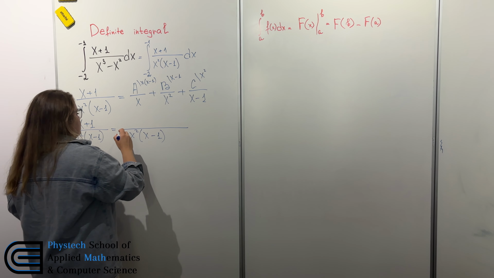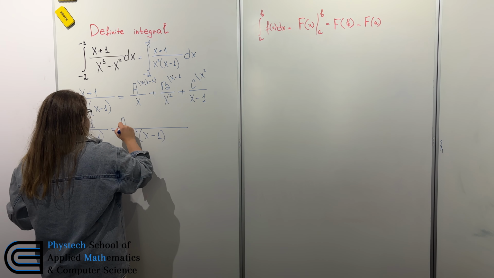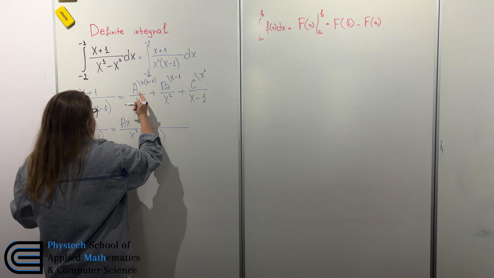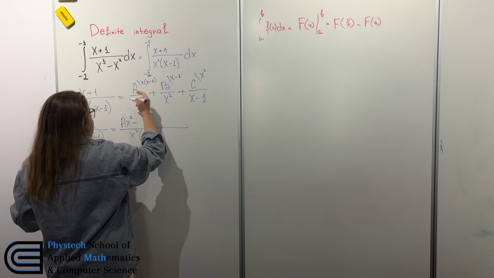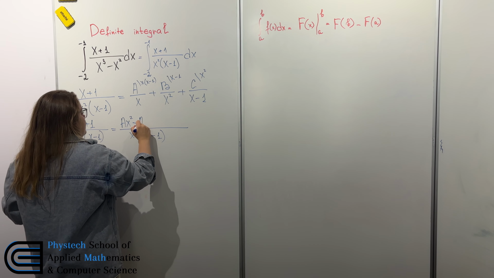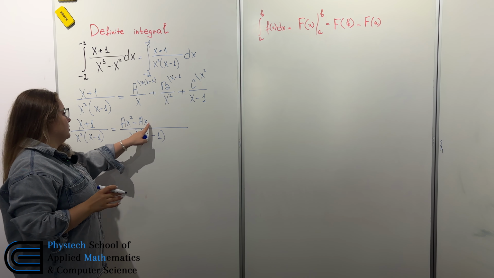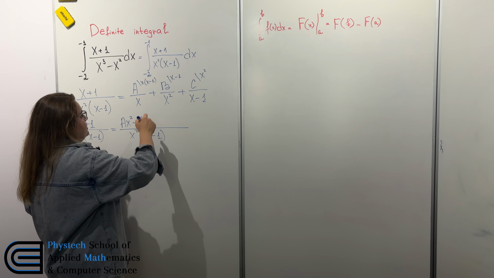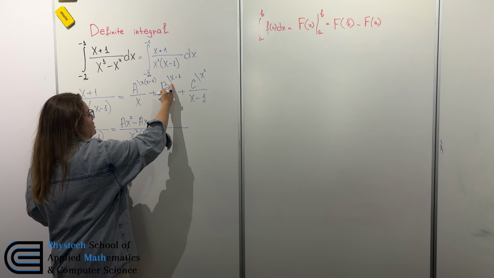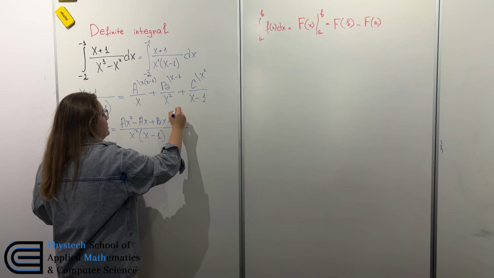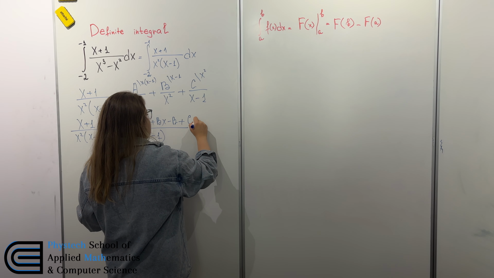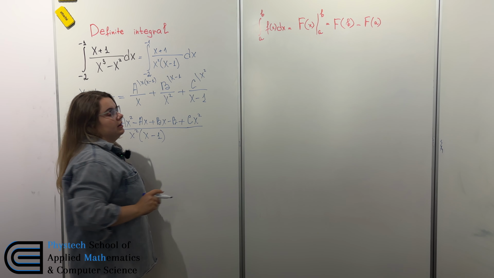So let's do it and write a multiplied by x squared minus a multiplied by x, plus b multiplied by x minus b, plus c multiplied by x squared.